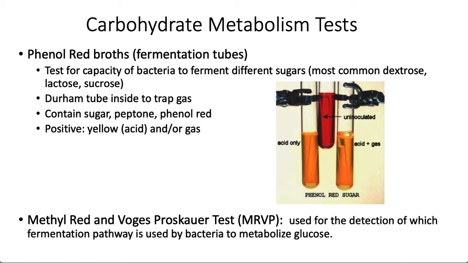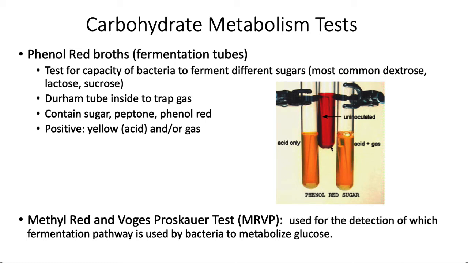And in that case, the color actually will become a deeper, darker red, burgundy color. But when the reaction is positive, which means that the bacterium is able to ferment, then you can observe 2 things. One is the change to yellow, which you clock as acid. And sometimes it also produces gas, and the gas is captured in this little tube.